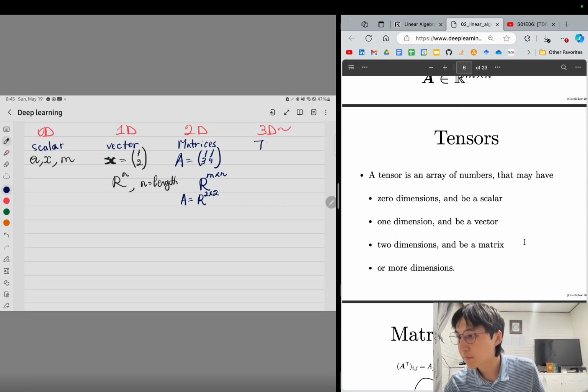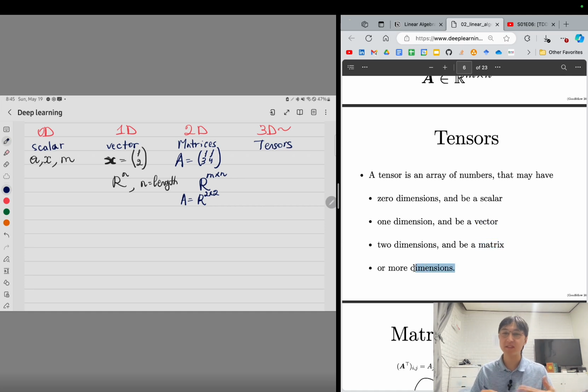Also, tensors can be a scalar, can be a vector, can be a matrix, and more. So they are kind of unique citizens of linear algebra.